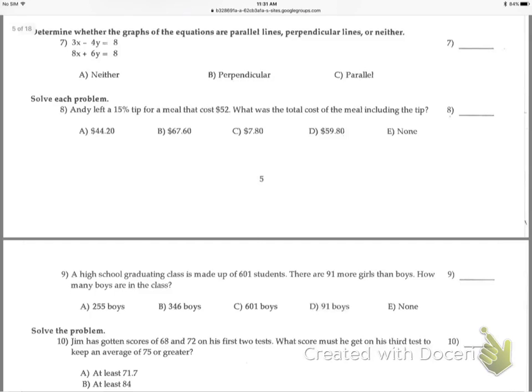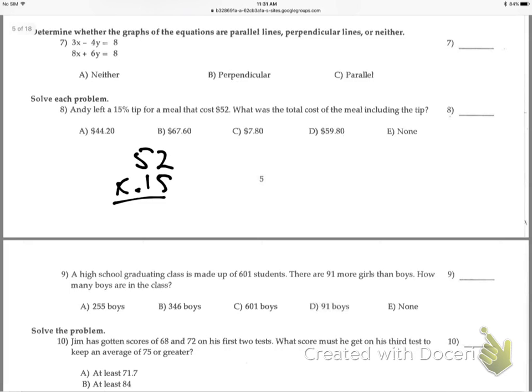All right, try number 8. Andy left 15% tip for a meal that cost $52. Total cost? You get your calculator, right? See if you can whip that out. So we take the $52 price, and we're going to take 15% of it on your calculator.